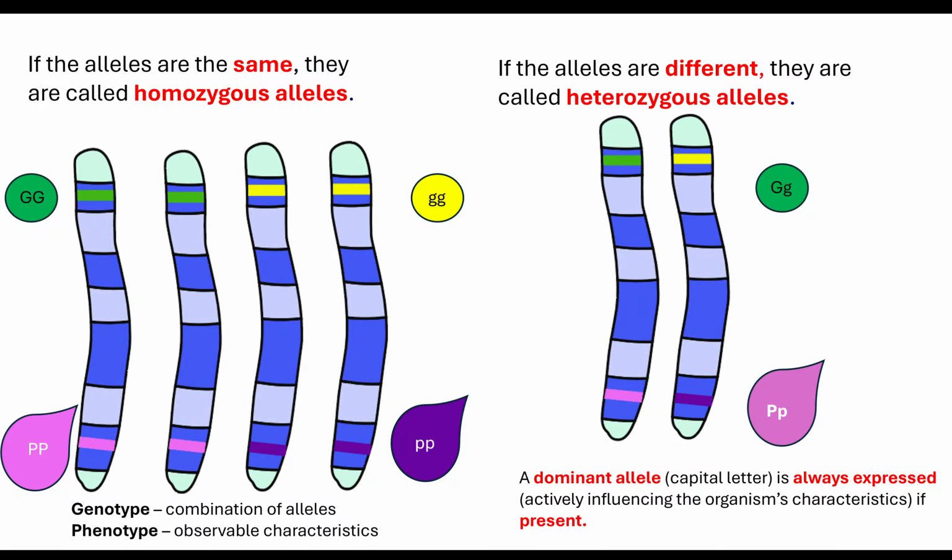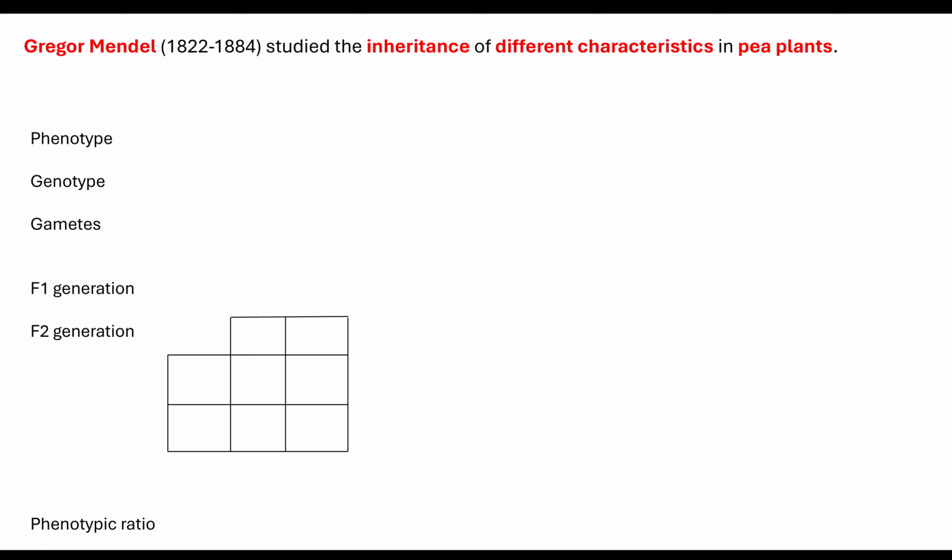So if I have capital G, lowercase g, I will have a phenotype which is a green seed. If I have capital P, lowercase p, I will have a phenotype which is a pink petal. So it's important we note the difference between whether it's homozygous or heterozygous, and we also understand whether it's a dominant or recessive allele that's passed on.